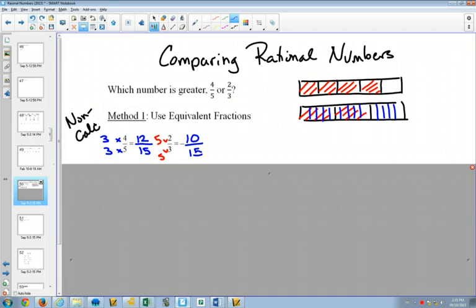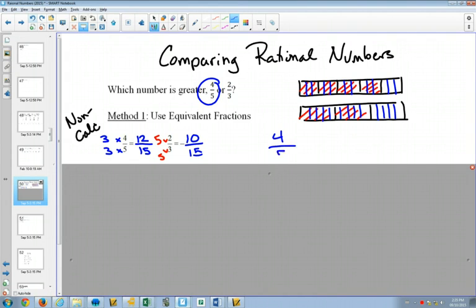Now we'd have 10 pieces that are all smaller. And the other one, we would have 12 pieces if each of these got split into 5. So that we're comparing the same size. And now we can say which one's bigger. The 4/5 is bigger because 12 over 15 is bigger than 10 over 15.